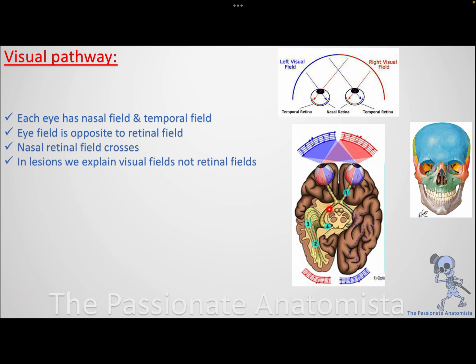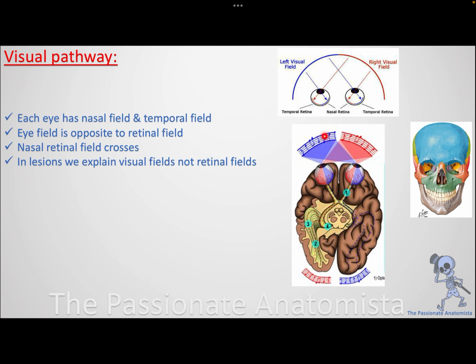Nasal retinal field is your temporal visual field, and temporal visual field is your nasal retinal field, and this is the part that crosses.